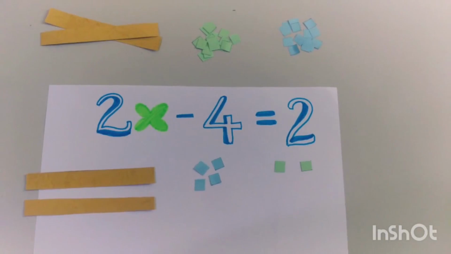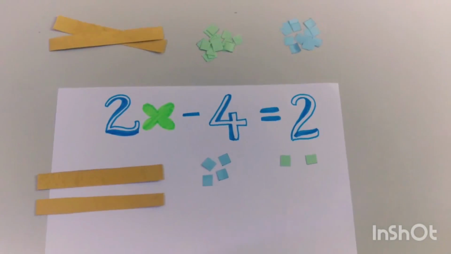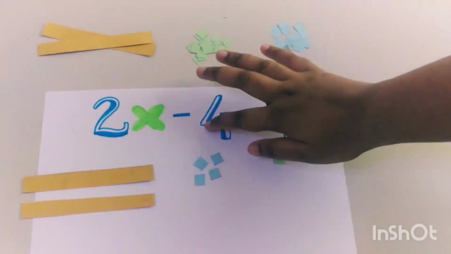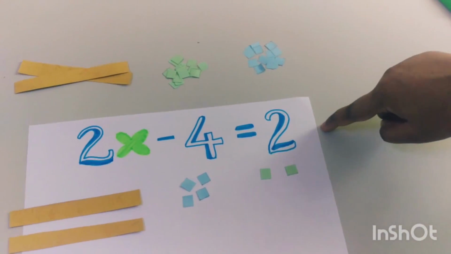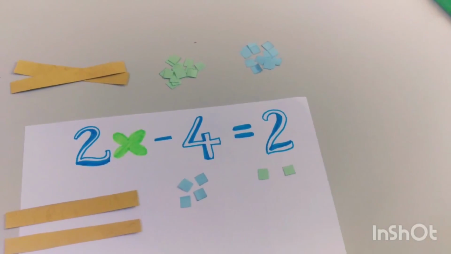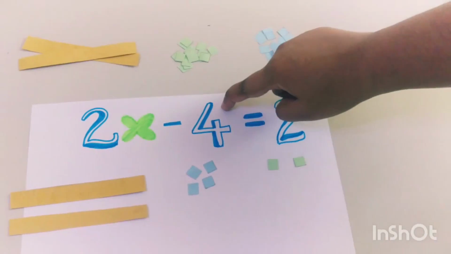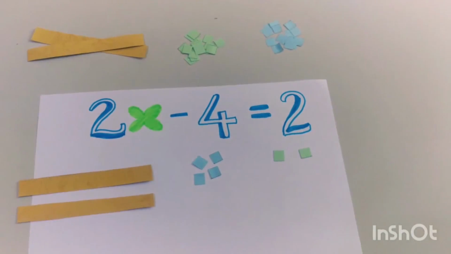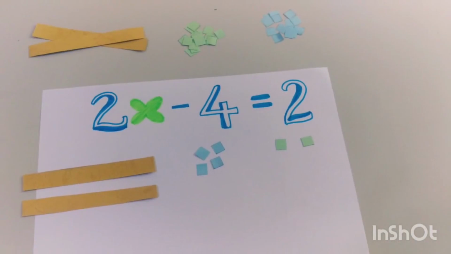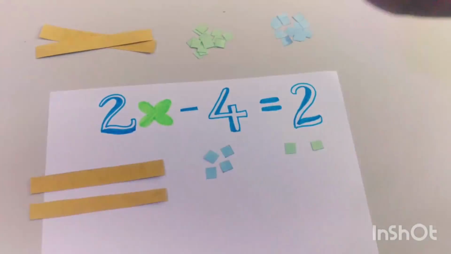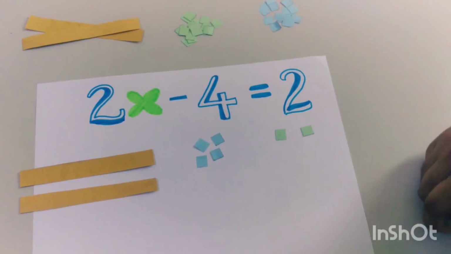So in algebra, you will already know the rule that whatever you add or subtract from the left side should be added or subtracted from the right side. So to make minus 4 0, when I am adding plus 4, I'll have to add plus 4 with 2 on the right side. So I'm going to add plus 4 to the left side now.